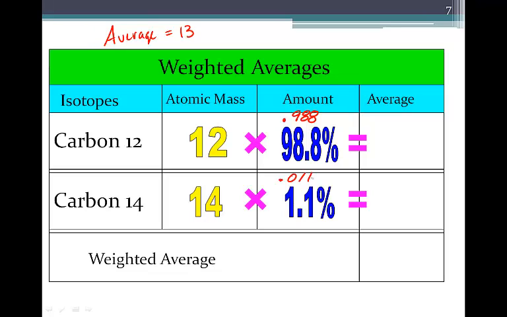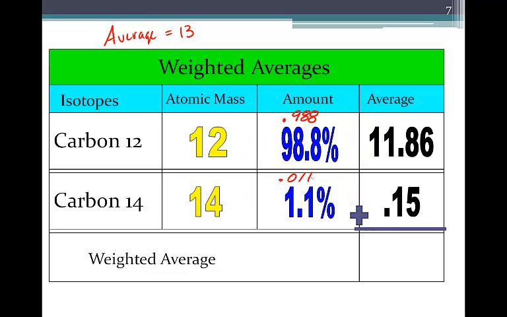So 12 times 98.8% is 11.86, and 14 times 1.1% is 0.15. We then add these numbers together and get a weighted average of 12.01.